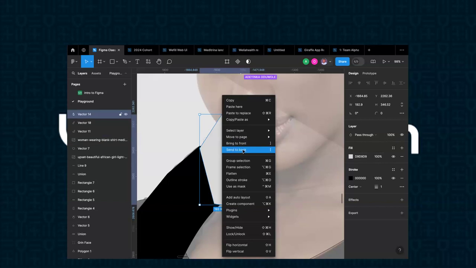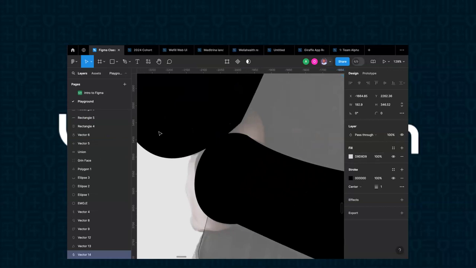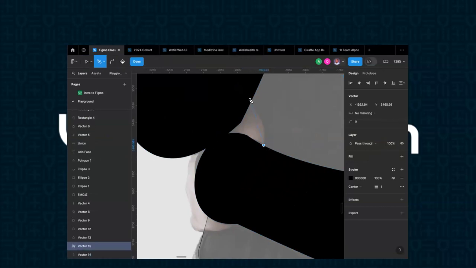Send to back. All right, then this hand also, I want to make it a very simple shape. Not so complicated. I'm going to start here. I'm going to use curve here because I actually want to represent just a bit of this curve. Nice. And then here, and then here, a bit curvy is okay. And then here, and then a bit of a curve here should also be fine because it's still seen.